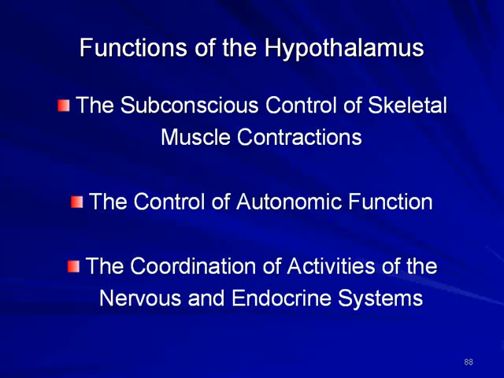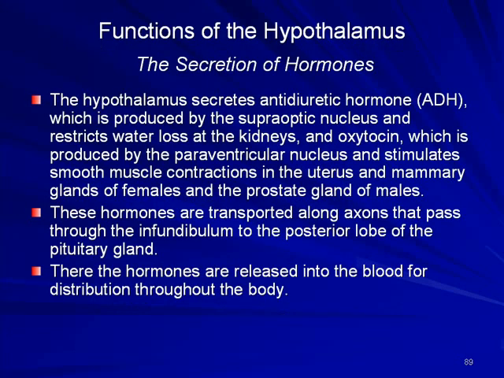In short, that's what the function of the hypothalamus is: subconscious control of skeletal muscle contractions, control of autonomic function, coordination of activities for the nervous and endocrine system. It's the last two that are the major players that we see more direct effect from.